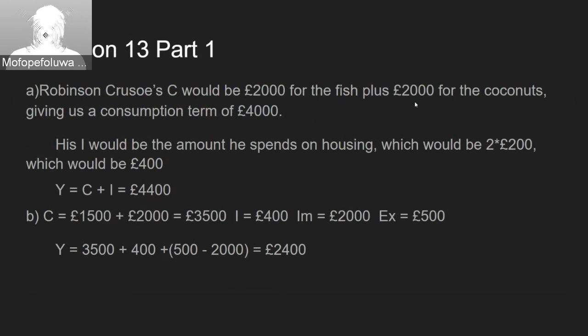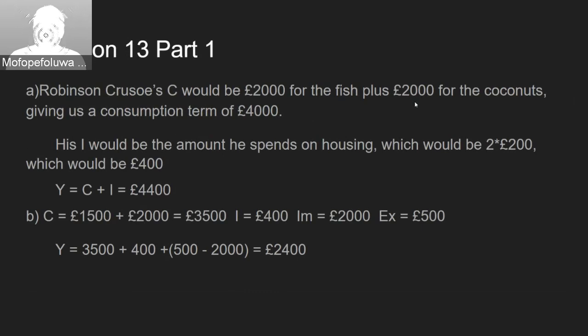So for question 13A, the GDP is comprised of consumption and investments, and consumption is £4,000, while investments from his 2 huts come up to £400. This gives us a GDP of £4,400.